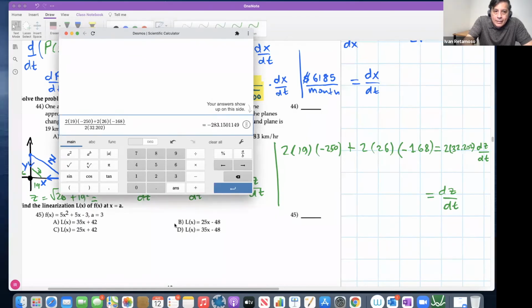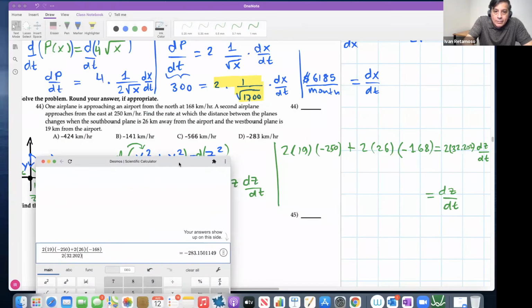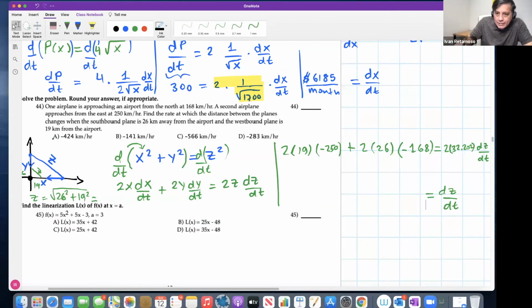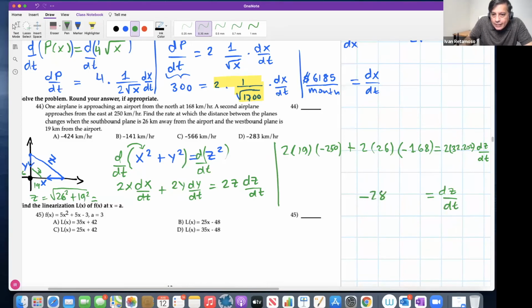I see that the answers have been rounded to the nearest whole number, so this should be rounded to negative 283, right? Negative 283, that's it. In the end, guys, feel free to attach the units, kilometers per hour, right? Very good. That's it. And that's this.